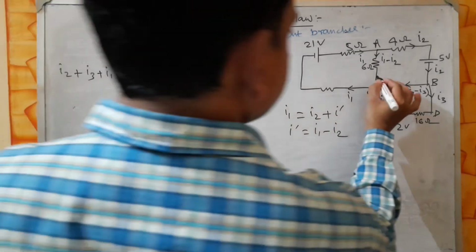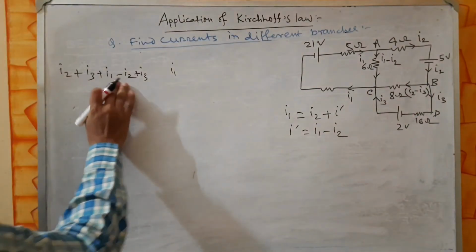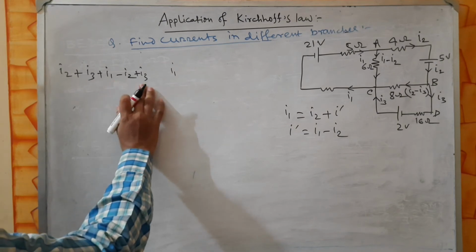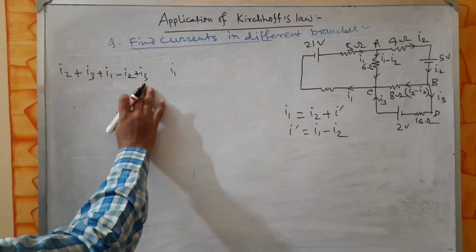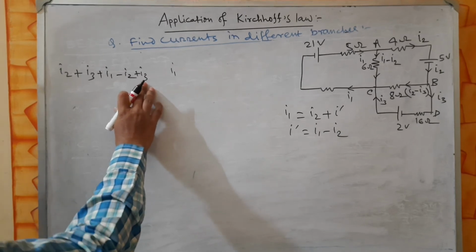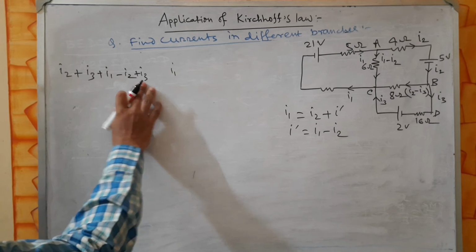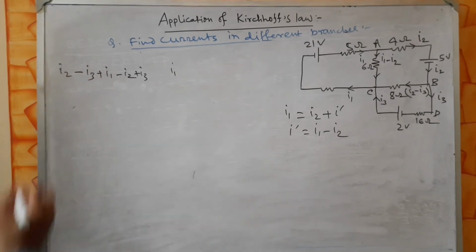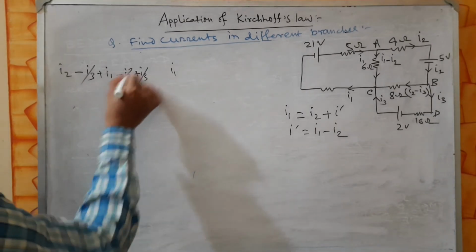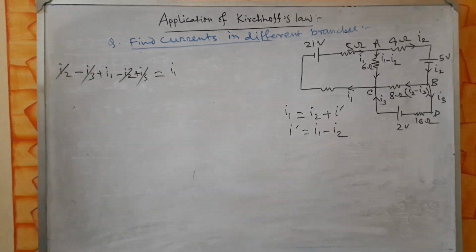The current from A to C and the current from B to C, I2 minus I3, are entering. So I3 cancels and I2 cancels, and it is justified.